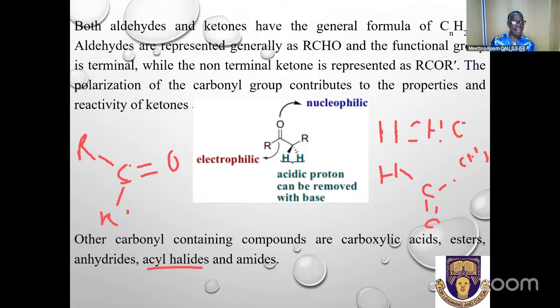They just have a carbonyl functional group, but they are not carbonyl compounds. Carbonyl compounds are strictly aldehydes and ketones. Others, like I said, only contain a carbonyl functional group, but they are not carbonyl compounds.